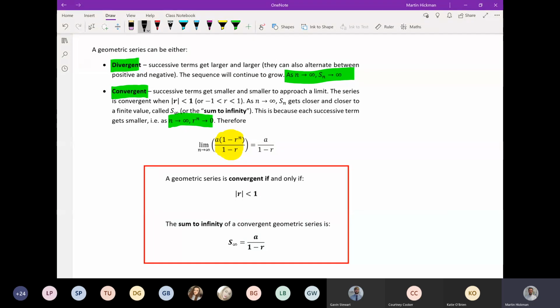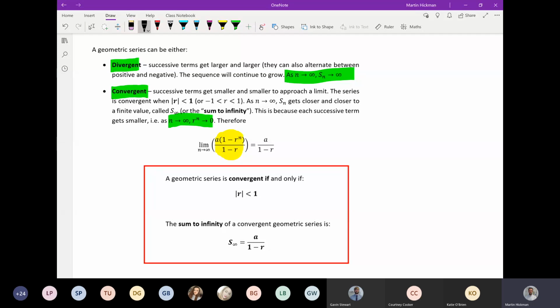So imagine if r is, let's say, a half. Well, a half to the power of a really large number is just going to be 0. So in that bracket, you just end up with 1 minus 0. So then you just end up with a over 1 minus r.